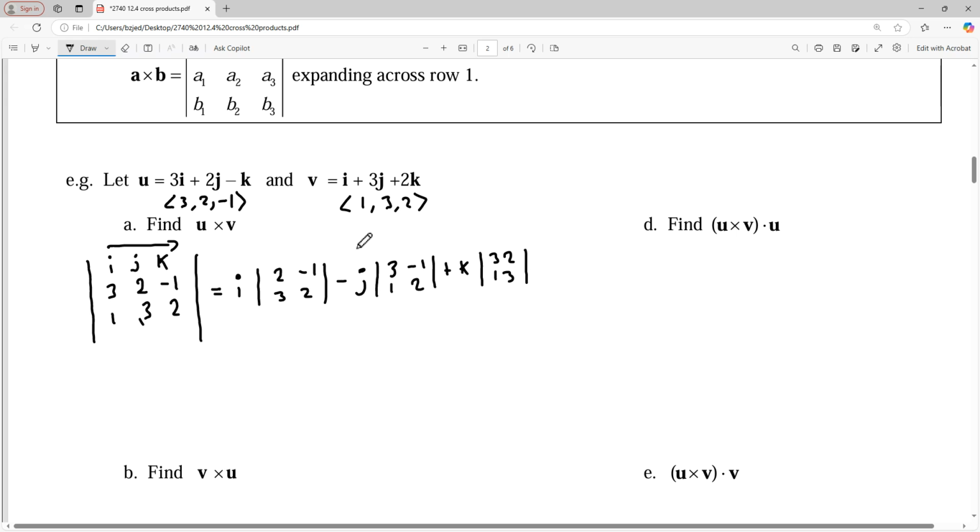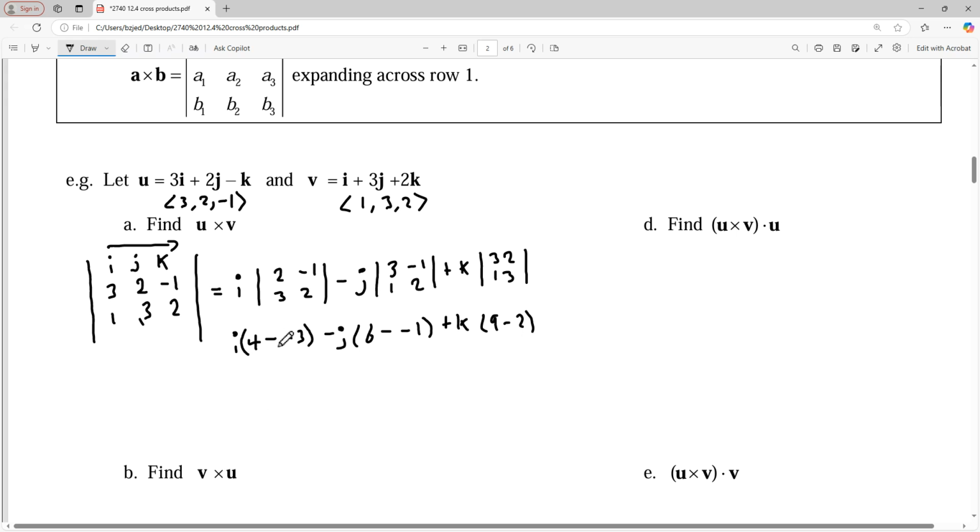And from here, we're going to work out these determinants. So I have i times 2 times 2 is 4, minus -1 times 3 is -3, minus j times 3 times 2 is 6, minus -1 times 1 is -1, plus k times 3 times 3 is 9, minus 2 times 1 is 2.